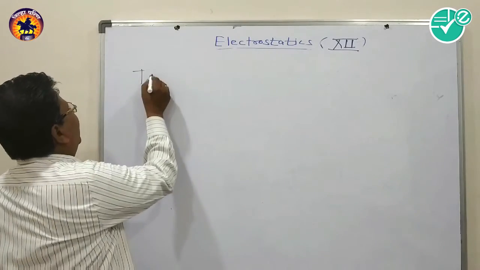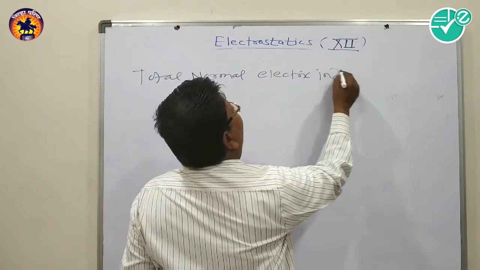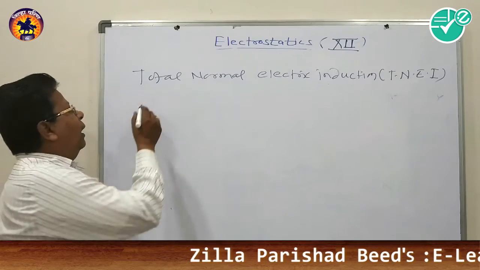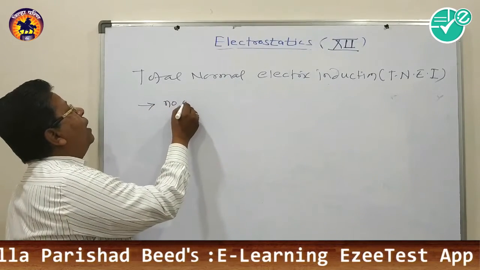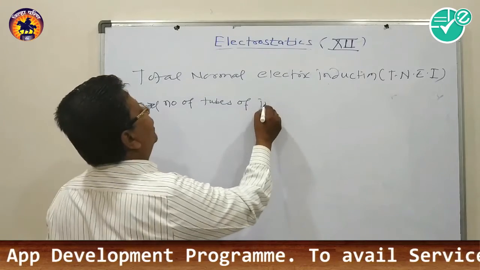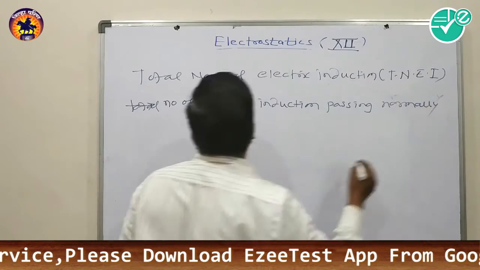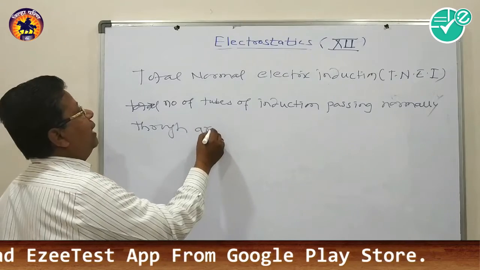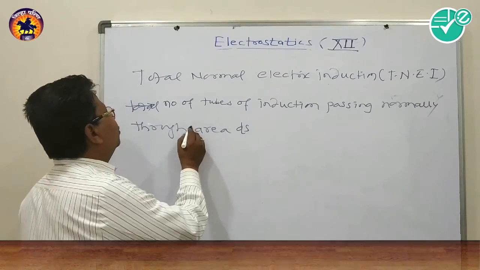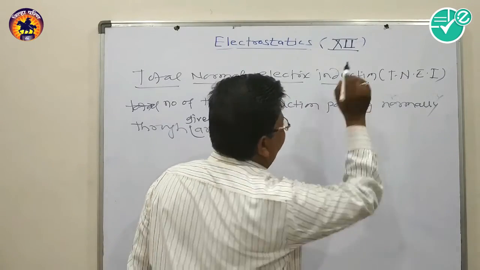Total normal electric induction, in short, is called TNEI, and this TNEI is defined as the total number of tubes of induction passing normally through area ds, or the total number of tubes of induction passing normally through a given area is called total normal electric induction.